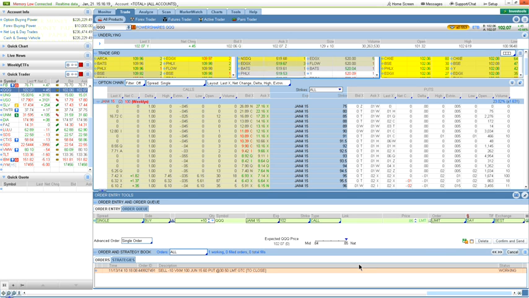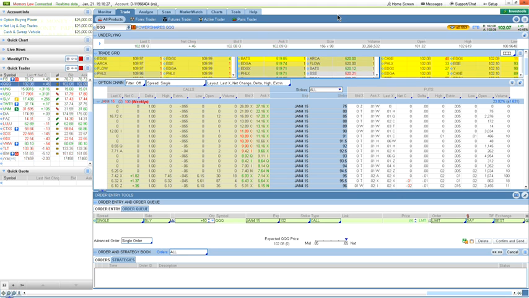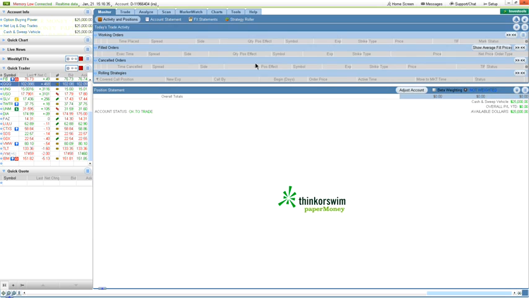We have been making some money before, and I want to do it in my IRA account on this one. Let's make sure we're looking at that account, switch account. The reason I'm doing that, I reset that account this week. As you can see, it's $25,000. Usually you need that much to be able to do day trades. Although this is an IRA account, check with your broker to see if they allow it.